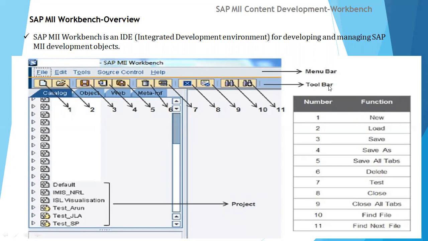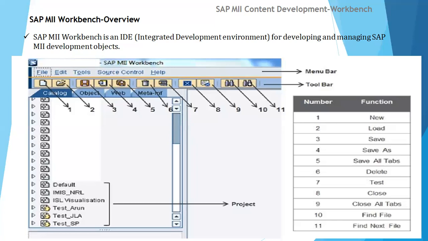And second is the toolbar. In the toolbar, you can see there is a one, and each explanation has been given on the right hand side. So one is the button known as new. By clicking on this button, you can create a new object in SAP MII.